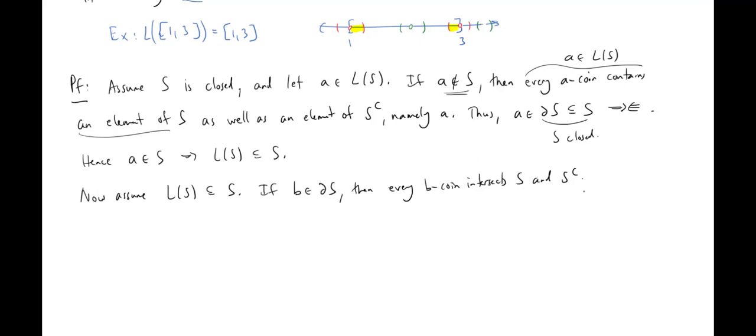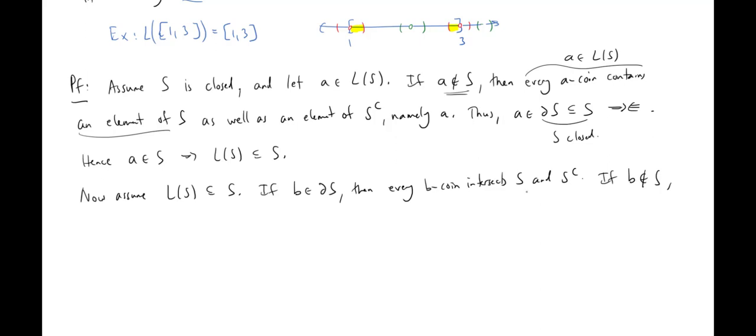Now, if B is an element of S, we're happy. So we might as well assume that B is not an element of S. Well, we just said every B coin intersects S and S complement.